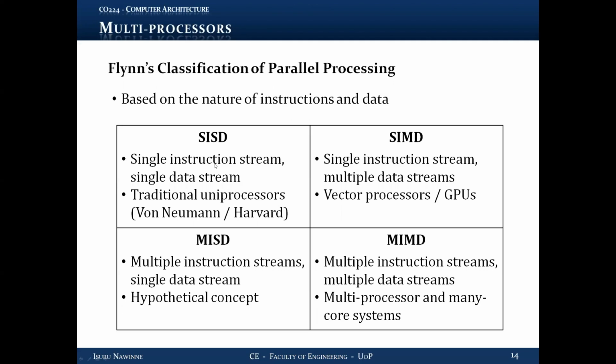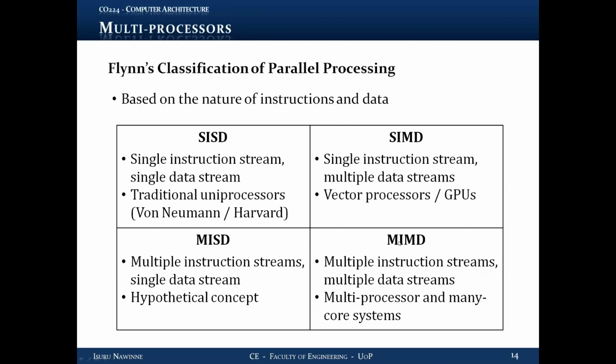Then if you go to the lower right hand corner, multiple instruction streams and multiple data streams, right? That is the typical multiprocessor and many core system that we were just discussing today. Multiple instruction streams mean multiple programs, which may be in the same device or distributed across multiple devices.